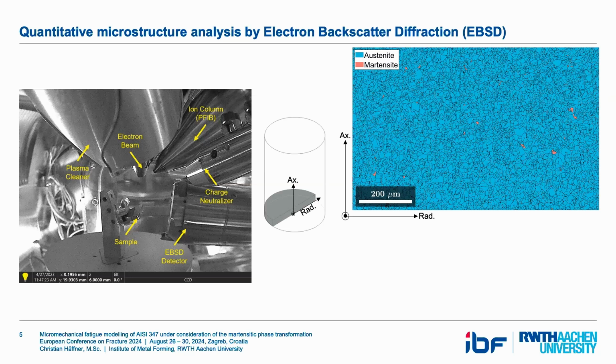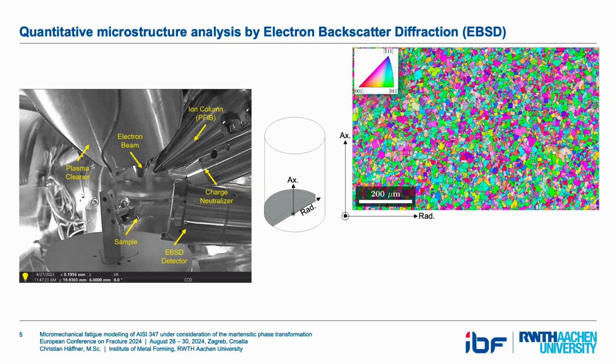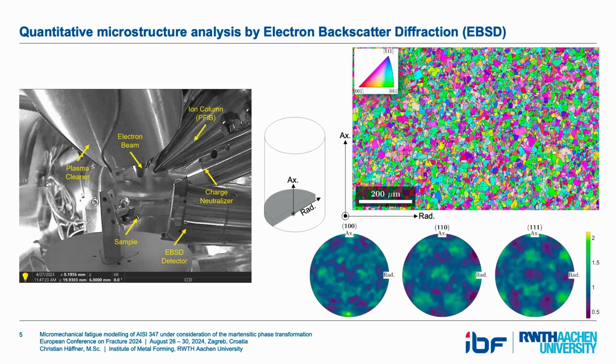And you can see, except some smaller martensite islands, everything is austenitic. It's an electropolished sample, so it's less than 1%, so we ignore the effect of it currently. If we have a look at the texture and the pole figures, we can also see that it's quite random. We don't have a sharp texture, so no rolling texture and so on, which is already very good. So we can quite easily build our RVEs, let's say.